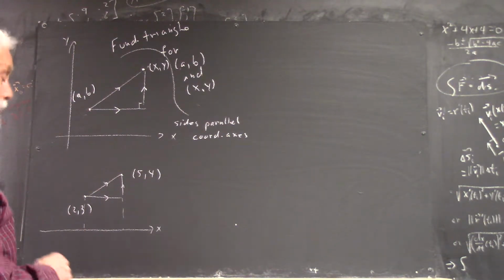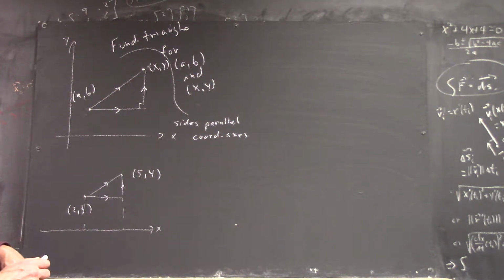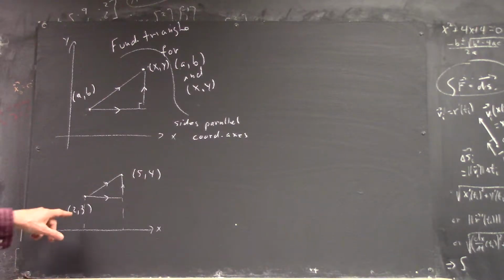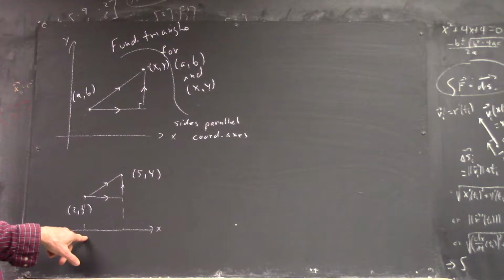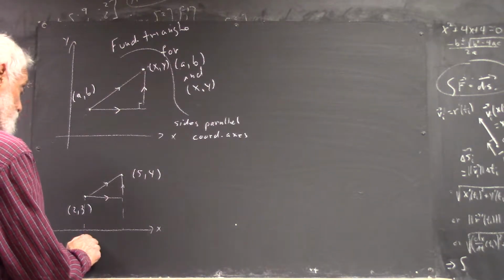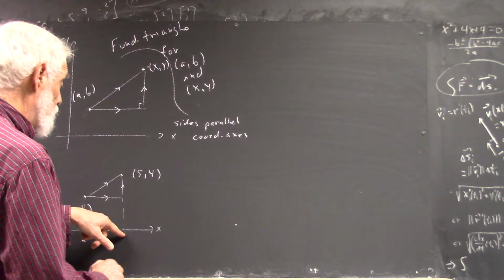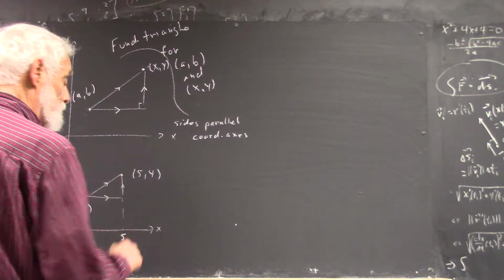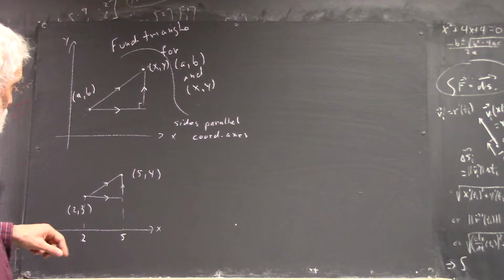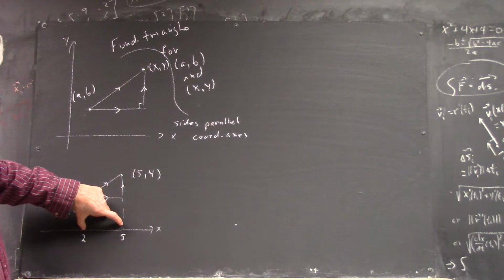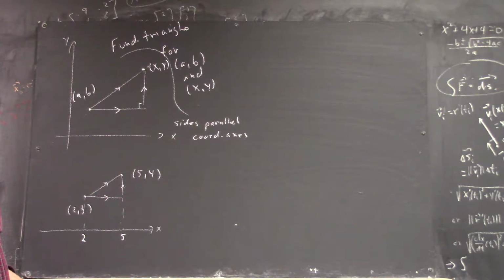I'm confused. Well, if this is the point 2, 3, and this is directly below it, then it's 2, yeah. And directly below 5, 4 is 5. Now what's greater, this distance or this distance? The same distance. They're the same.